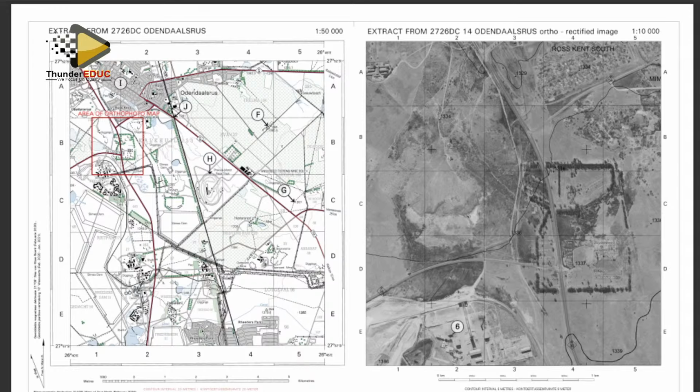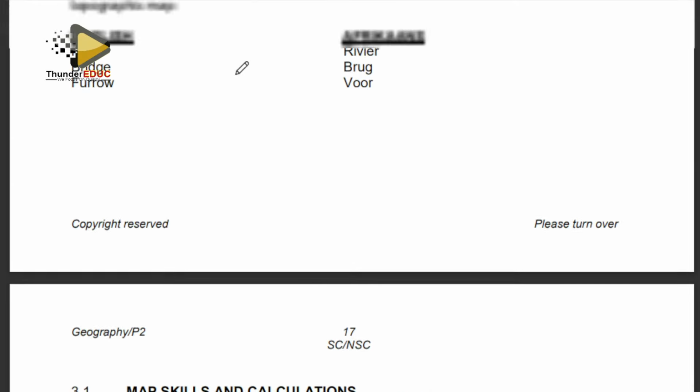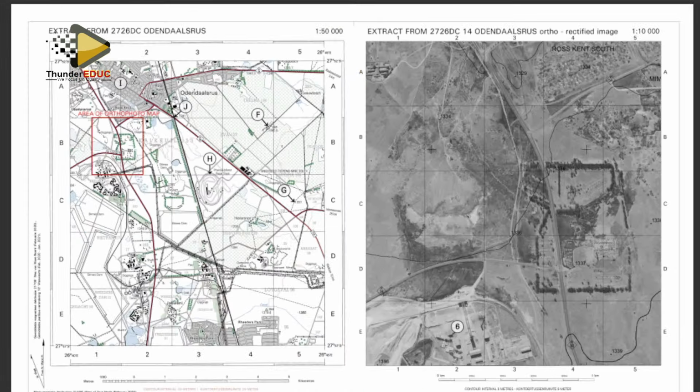So the length is there. What do we need to look for? We need to look for the breadth. So on calculating this area, we shall get the breadth. All right? So from here to here, they said 3.5.